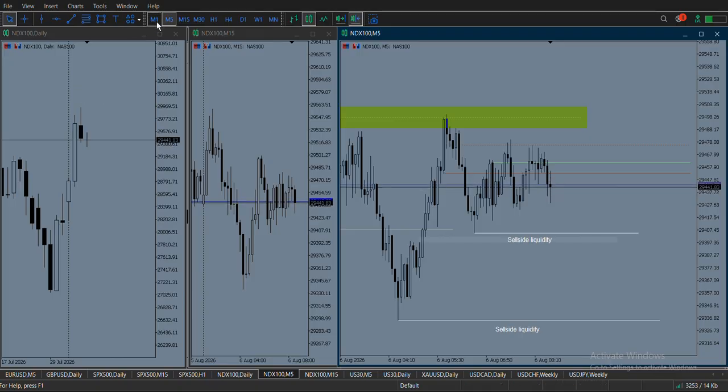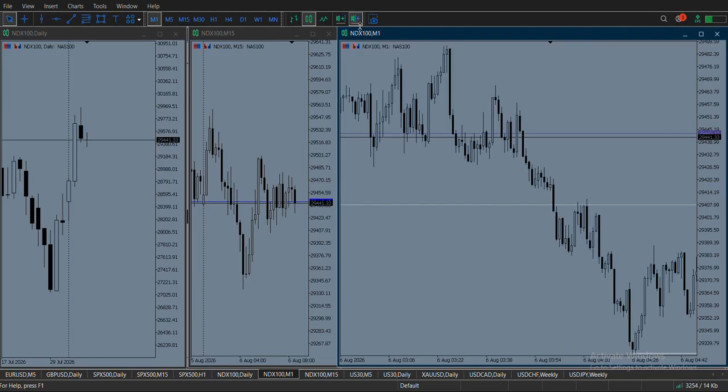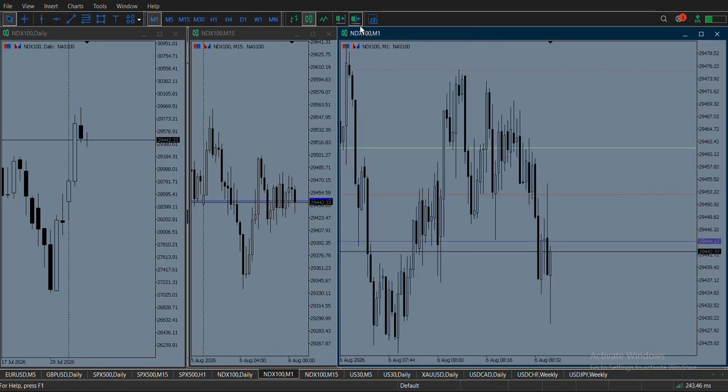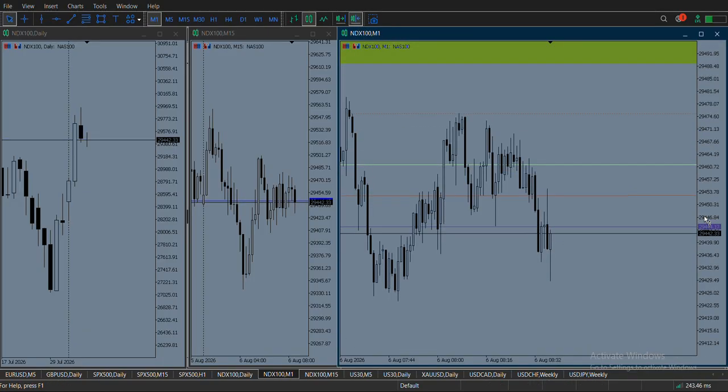here. If you look at the 1 minute, let's look at the 1 minute here real quick. Look at that. We trade lower, we open up here, trade right back into that bearish order block low, and then we reject that.